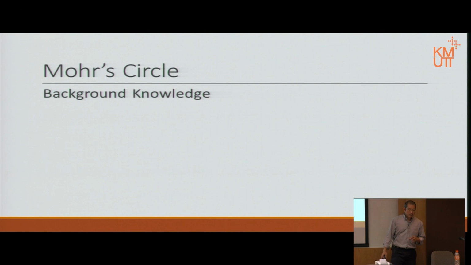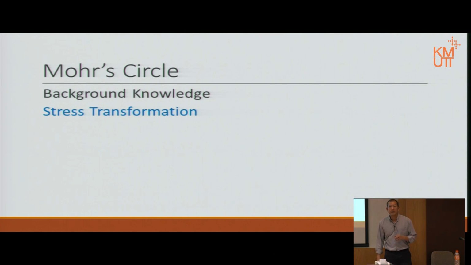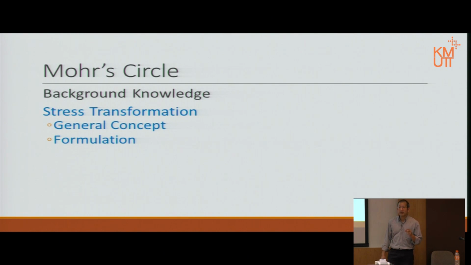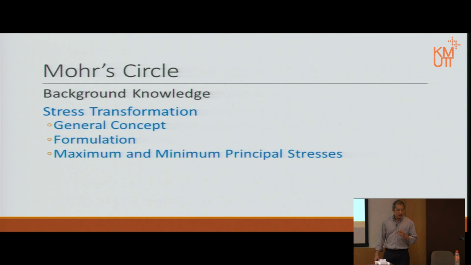When we go there, we talk about background knowledge first, and then the general concept of the stress transformation, and then the formulation. Once we achieve the basic formulas, we will try to achieve the maximum and minimum value of the normal stresses that we call maximum and minimum principal stresses.